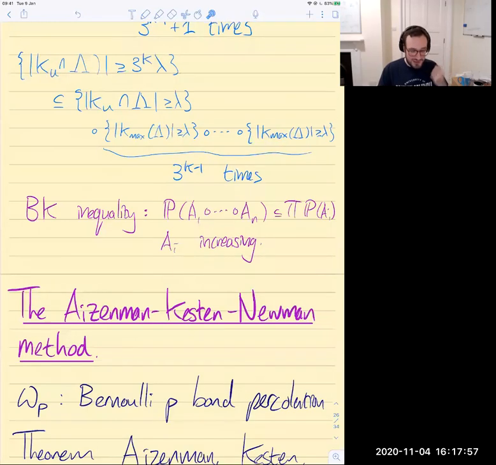So W1 is a witness for A, which means that just knowing that W1 is open is enough to know that A holds. And W2 is a witness for B, which means that just knowing W2 is open means that B definitely holds. So A circle B is the disjoint occurrence, meaning I can find disjoint witnesses for these two events. BK says that the disjoint occurrence of two events has probability at most the product.